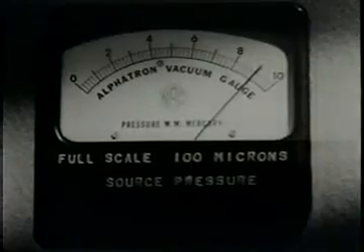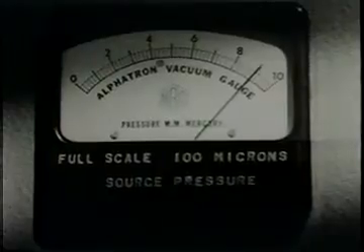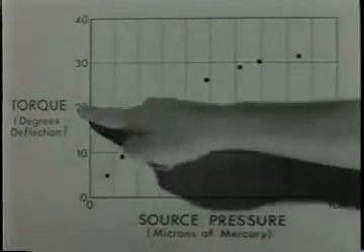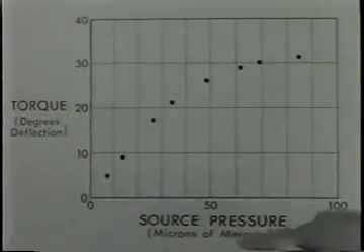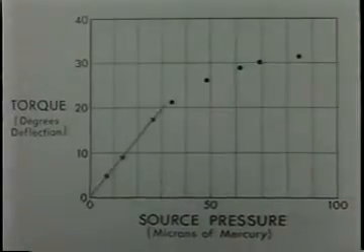The pressure is about double, and the total deflection is about double. A plot of torque versus pressure forms a straight line for very low source pressures.